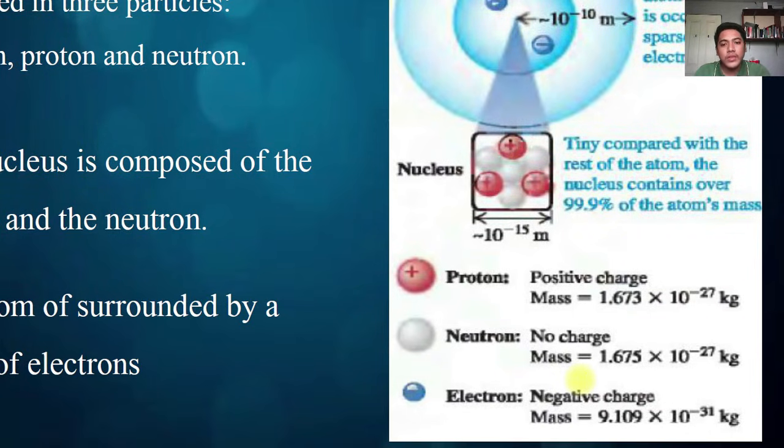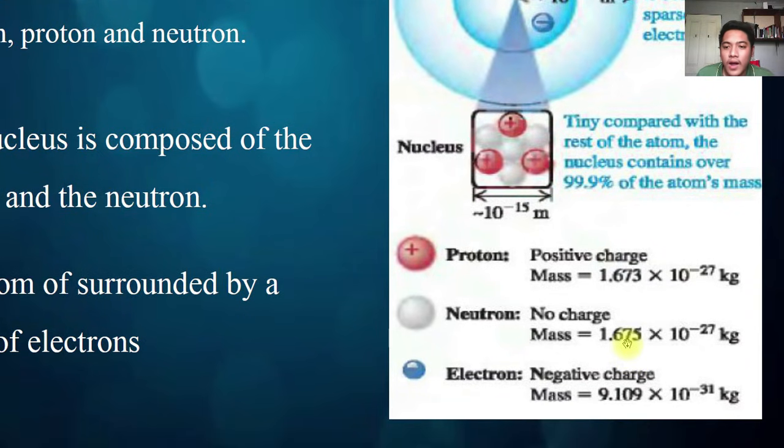That is approximately equal to the mass of the proton. So that's why in our study we can approximate that the mass of the proton is equal to the mass of the neutron.